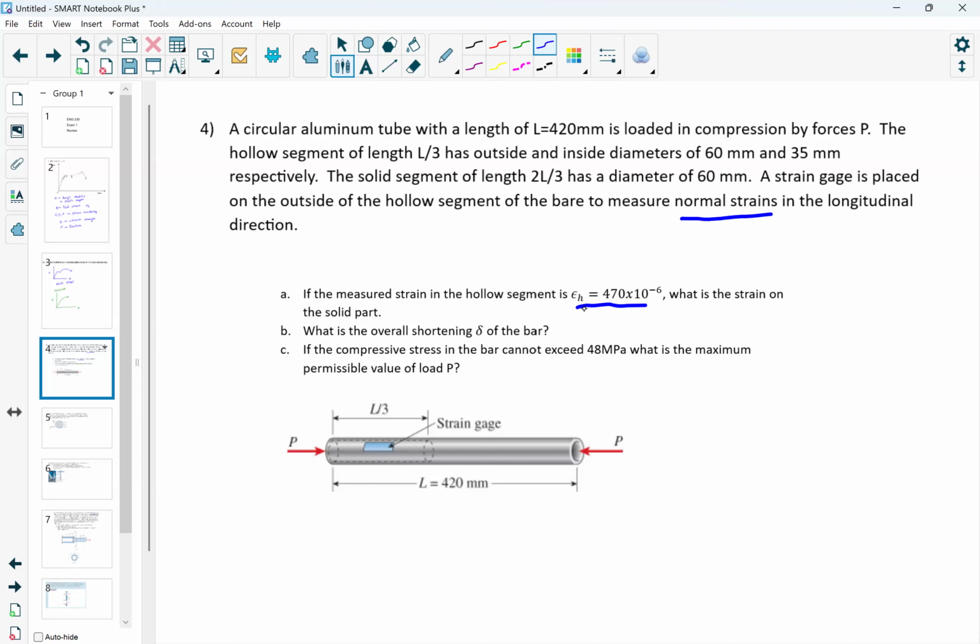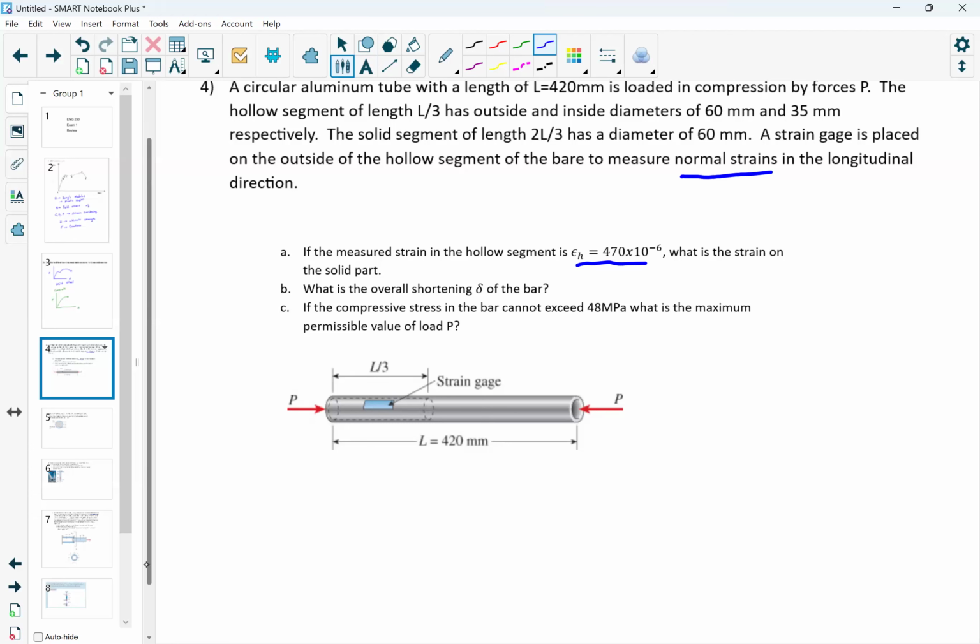Okay, so what do we know? I don't have my list of equations, but we do know that the strain on the solid part times the area on the solid part is going to have to equal the strain on the hollow part times the area on the hollow part.